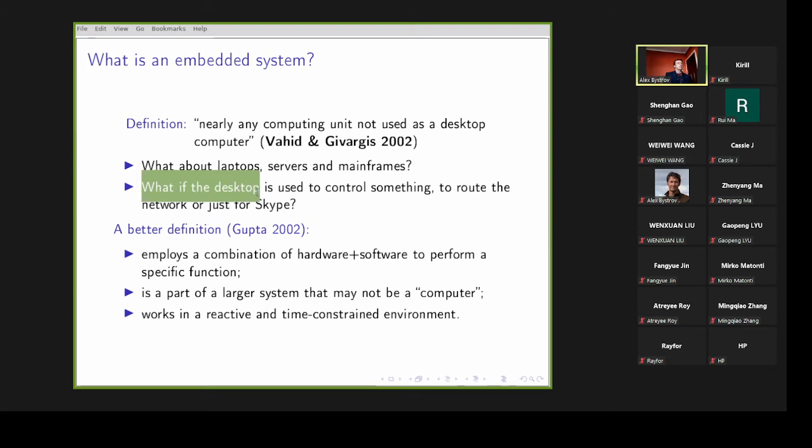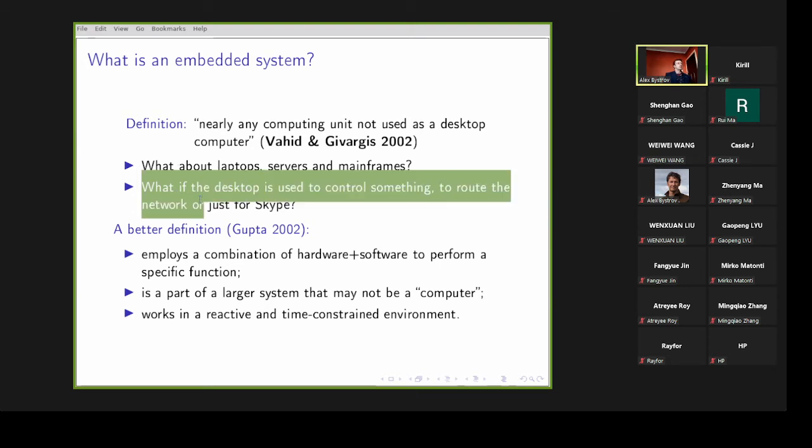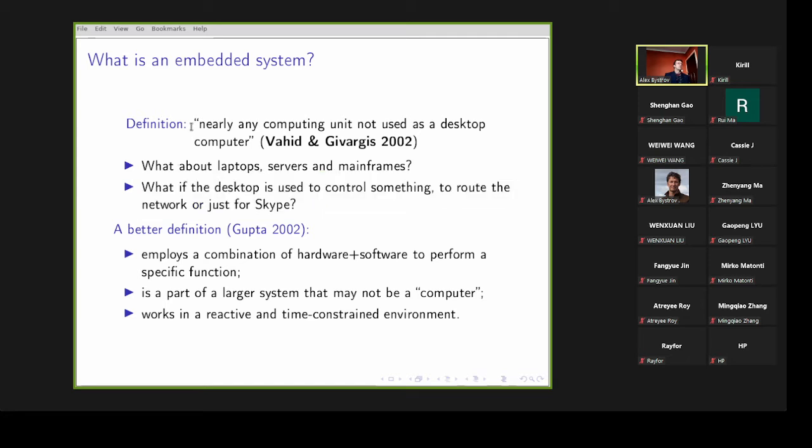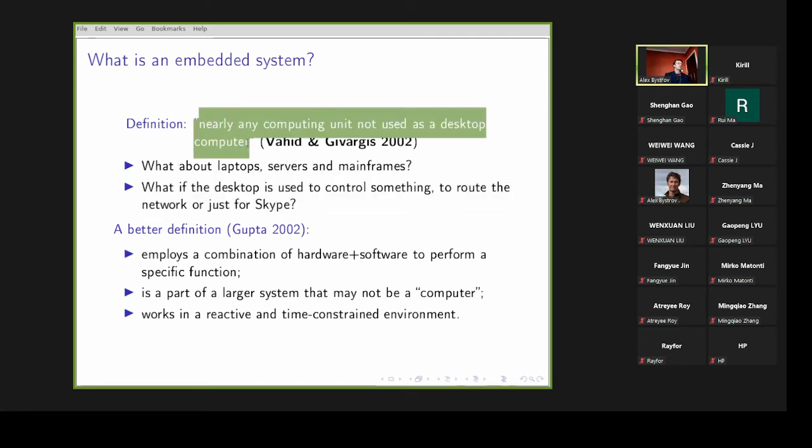What if the desktop computer is used to control something throughout the network, or just for Skype or any kind of chat? Right? So it becomes a communication component rather than a computer. It's not computing numbers and putting them in the table. So it does not fit this definition.